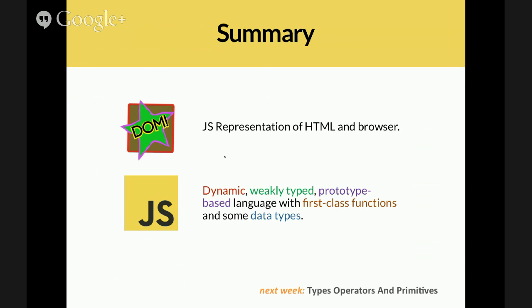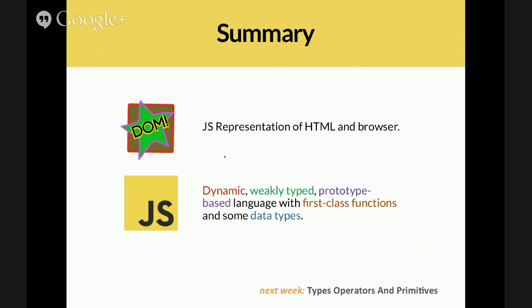That's an important thing to understand when you're starting to do JavaScript. And JavaScript is a dynamic, weakly typed, prototype-based language with first-class functions and some data types. If you're an absolute beginner, a lot of this might not make sense to you, but that's okay, because next week we'll start to show code, and then we'll go into detail on what all of this means.